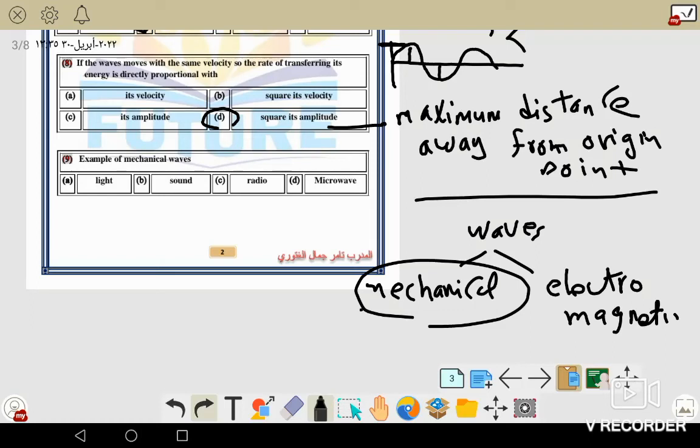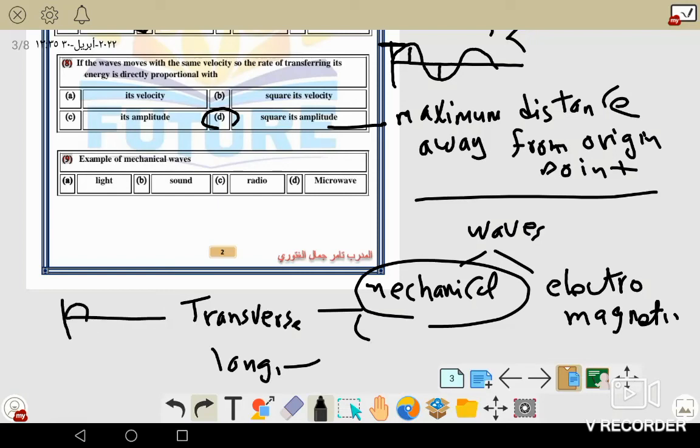Mechanical has two types: transverse and longitudinal wave. Transverse wave: crest and trough. Longitudinal: compression, rarefaction, such as sound. So sound is considered a longitudinal mechanical wave.